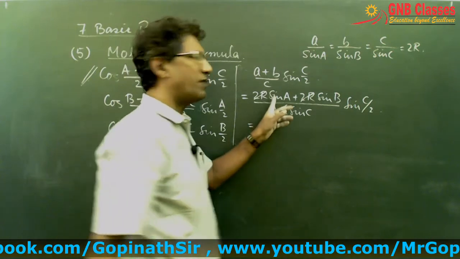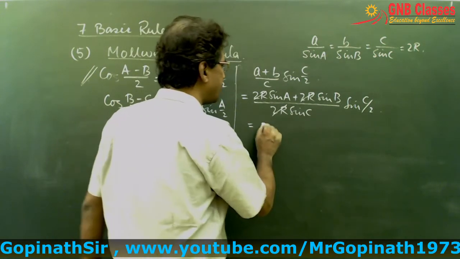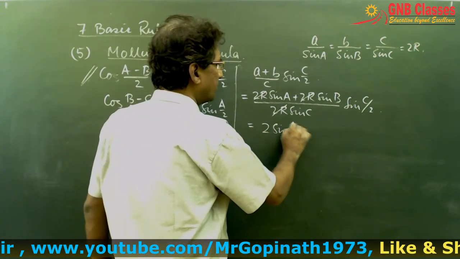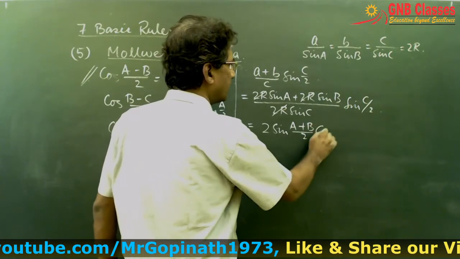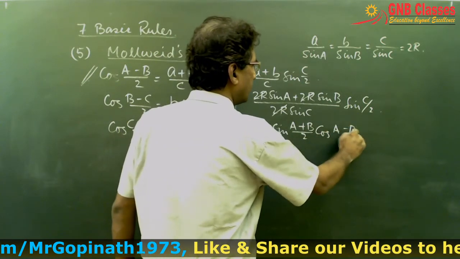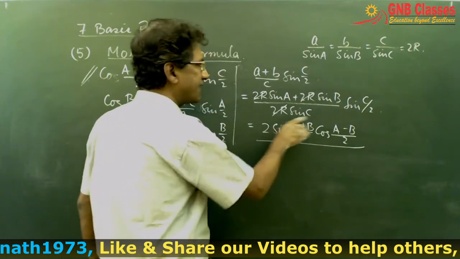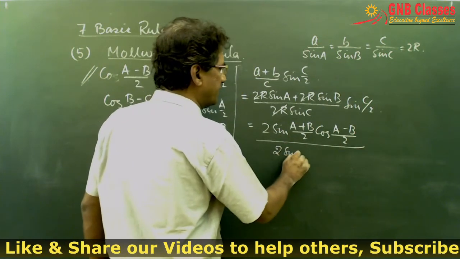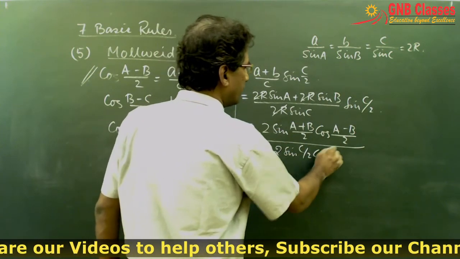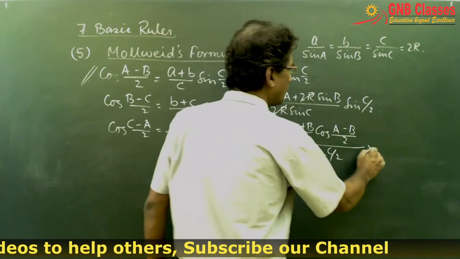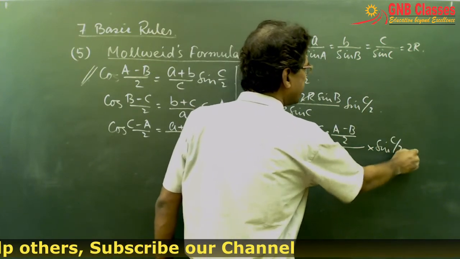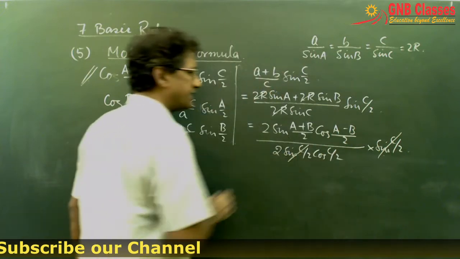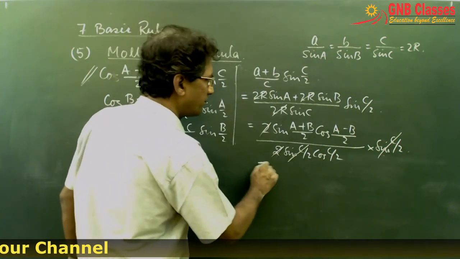So we are left in the numerator with sin A + sin B, which can be written as a product formula. Sin C can be written as 2 sin(C/2) cos(C/2), and sin(C/2) is there. So sin(C/2) goes off, 2 goes off.